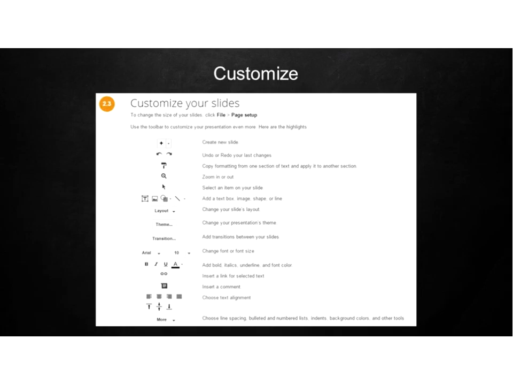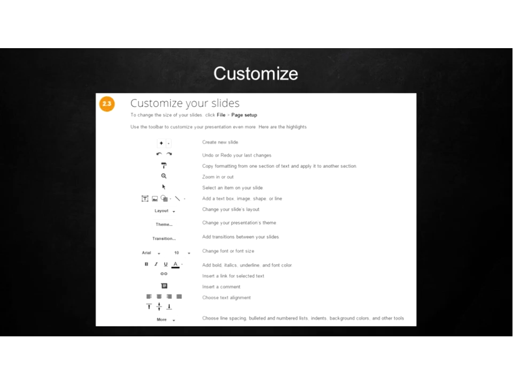Let's see here. And customization, again, to create a new slide, you'll just use that plus button. Undo and redo, copy formatting, you've got zoom, you can select, you can add a text box, image, shape, or line, you can change the layout, you can change the theme, you can add transitions, you can format your font, you can insert hyperlinks, insert comments.